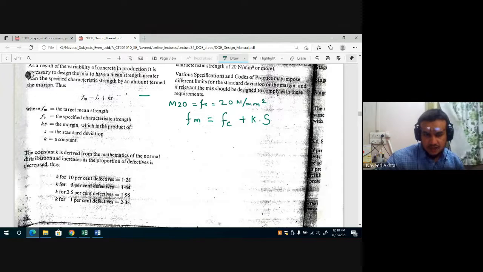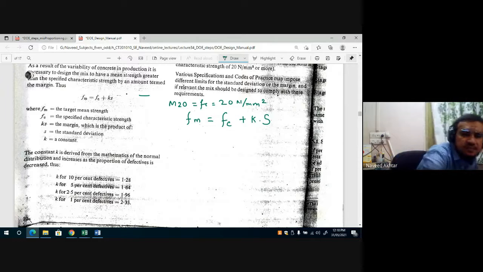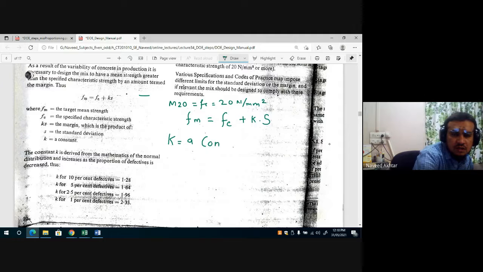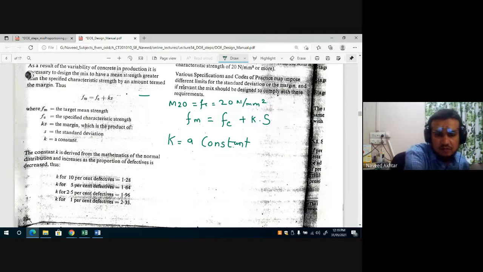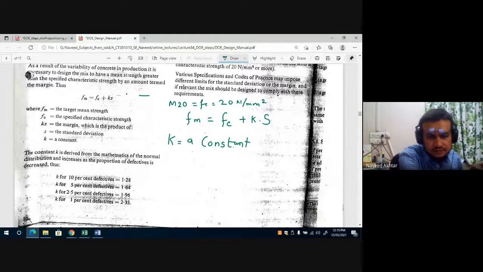Now, what is the value of K? K is a constant. The value of K is derived from the mathematics of normal distribution and increases as the proportion of defectives decreases. The value of K depends on the percentage of defectives.